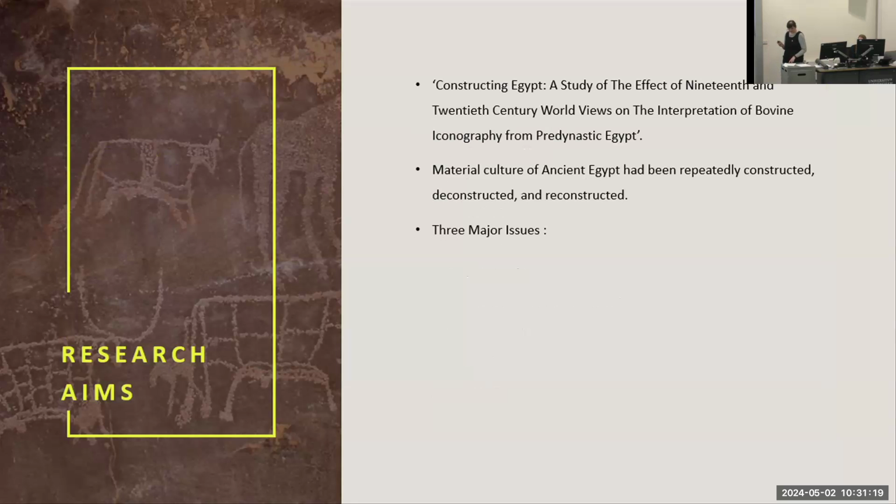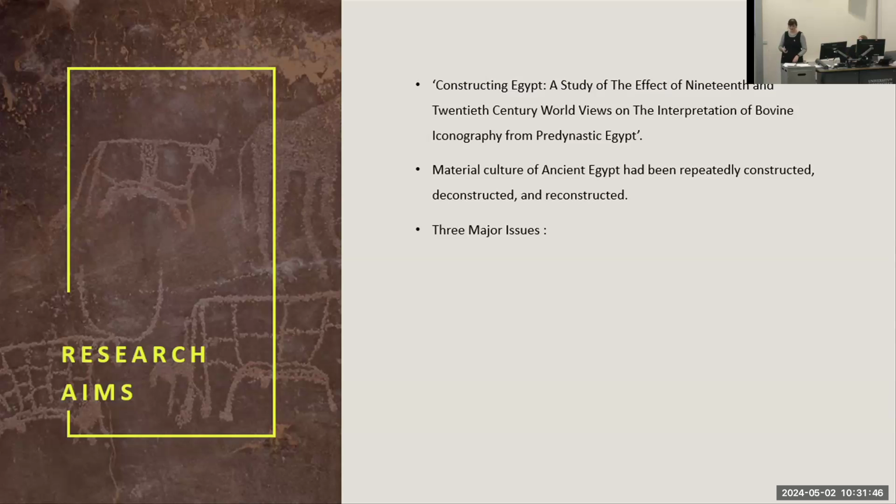In that project, I examined how past worldviews continue to shape our understanding of ancient Egyptian material culture, particularly that of bovine-related material. In this way, I was inspired by Elliot Collar's Conflicted Antiquities and Alice Stevenson's Scattered Finds, both of which work to dissect the influence of contemporary worldviews on the material culture of ancient Egypt.